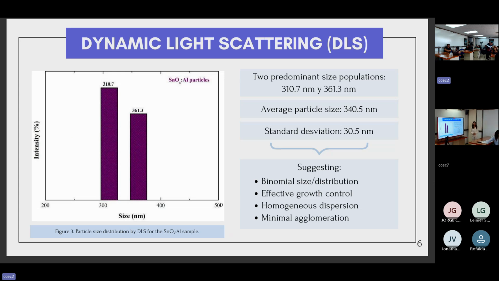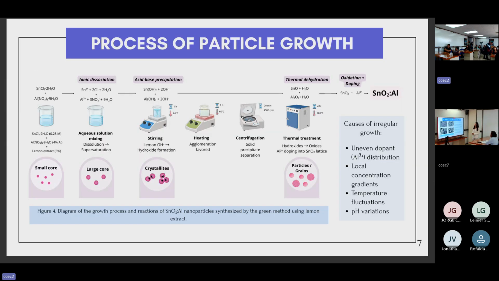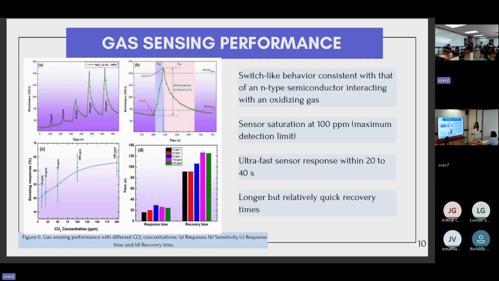I have another question, please. So several characterization techniques were used in this study. I just want to know, in your opinion, which one of them was the most difficult to perform? In this case, the most difficult was the gas sensing performance, because in our school we have a homemade mechanism.